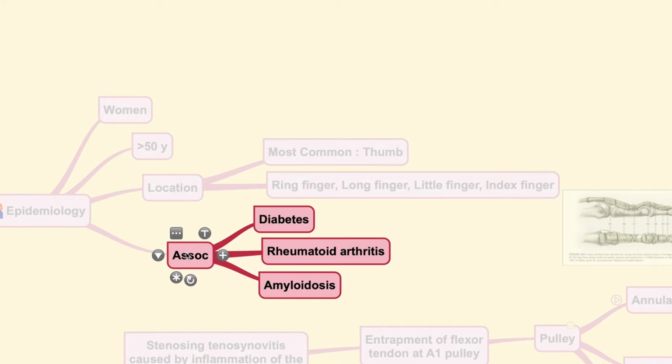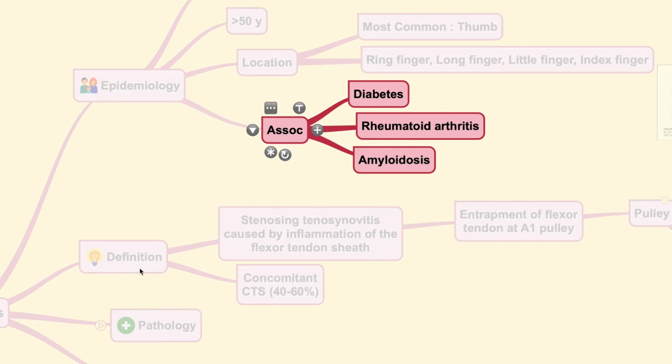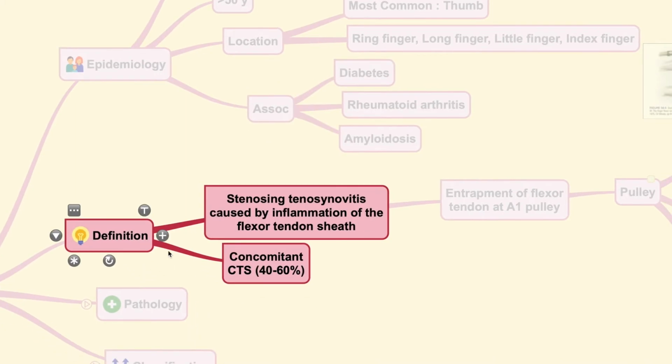Usually the condition is also associated with other comorbidities such as diabetes, rheumatoid arthritis, or amyloidosis. The trigger finger itself is a stenosing tenosynovitis caused by inflammation of the flexor tendon sheath.